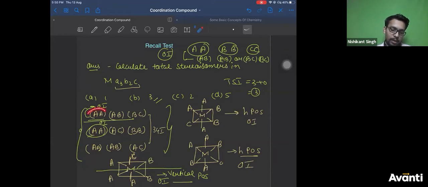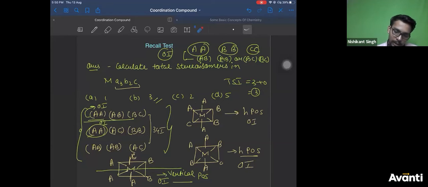So this is what you need to keep in mind. I have told you the trick, but I will recommend you to use it only in monodentate ligands, not in bidentate and all. So if AA, BB or CC comes, that molecule will be inactive. If AB comes 2 times or BC comes 2 times or AC comes 2 times, then that molecule will also be optically inactive.